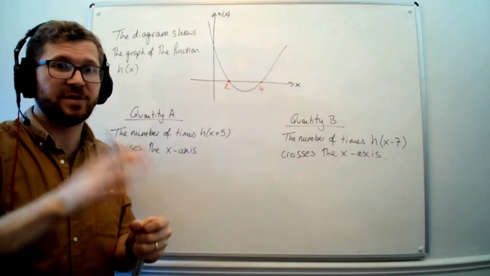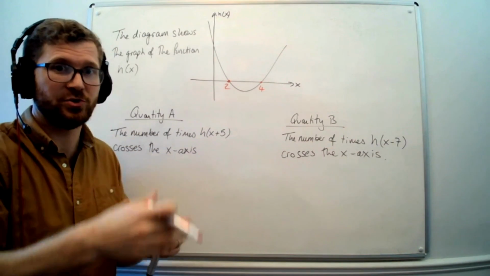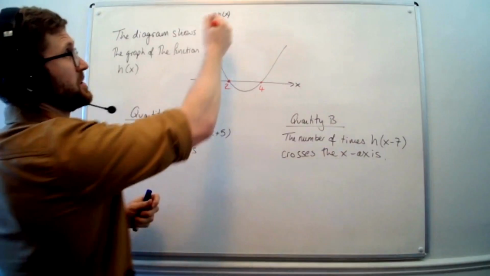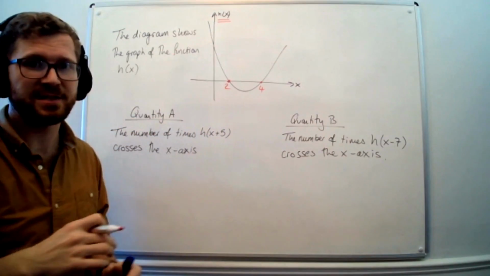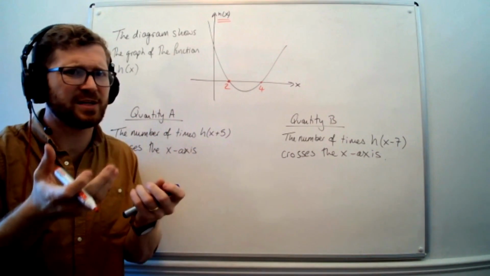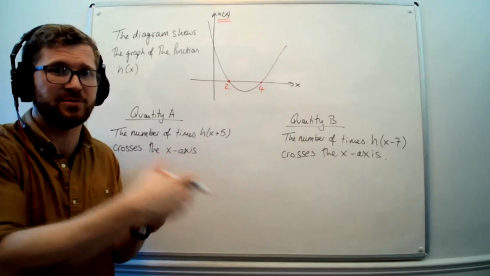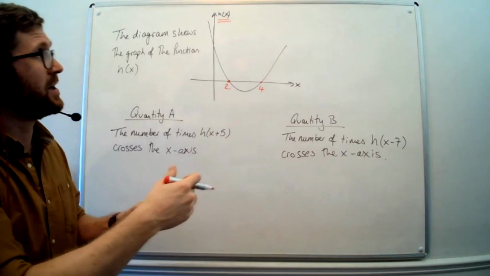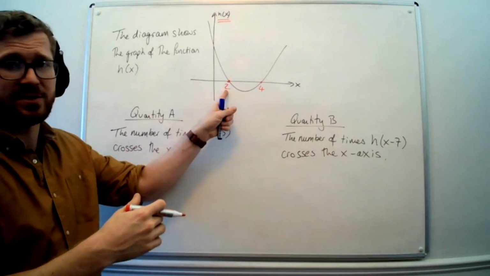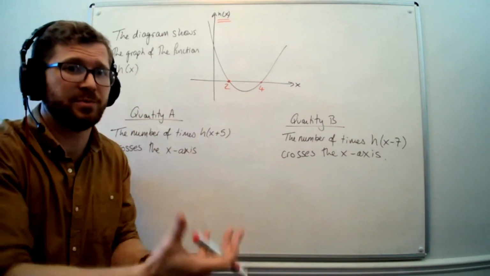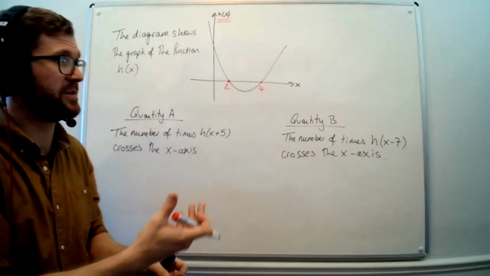And so this function crosses the x-axis at 2 and 4. In other words, the y-axis is labeled h of x, and if you're thinking about graphs, you could think y equals is the same as h of x equals. So when my input is 2 and when my input is 4, then the output of that function, the value of that function, is 0.